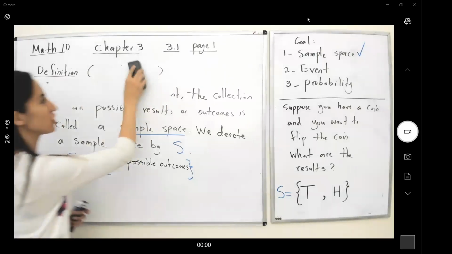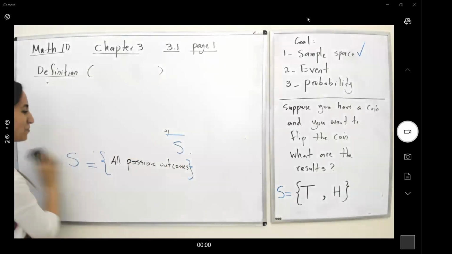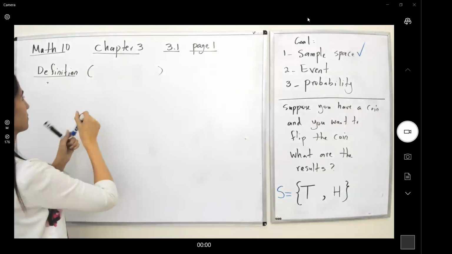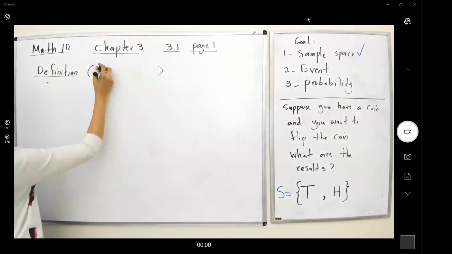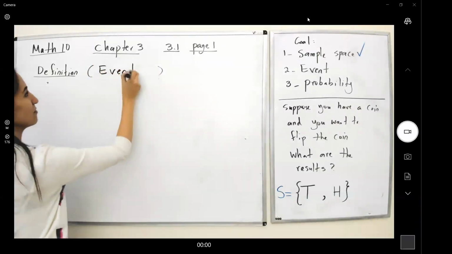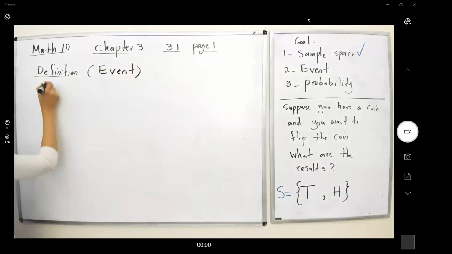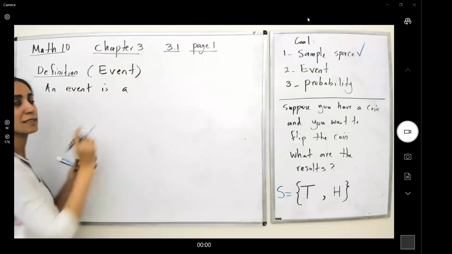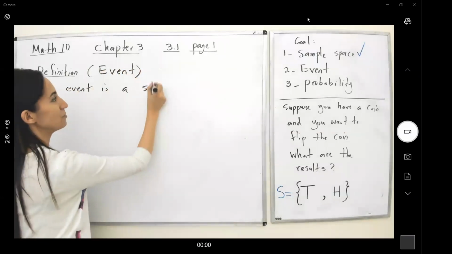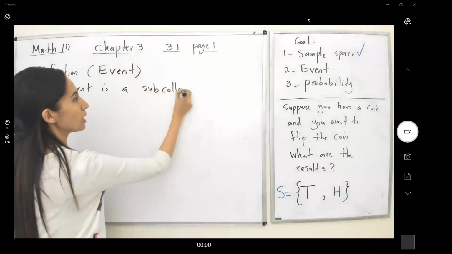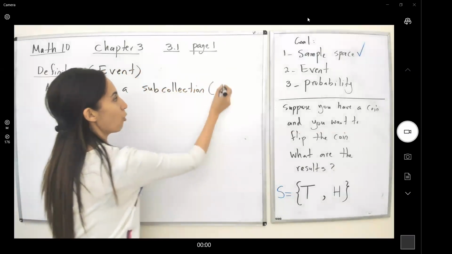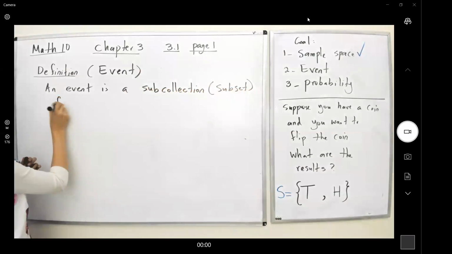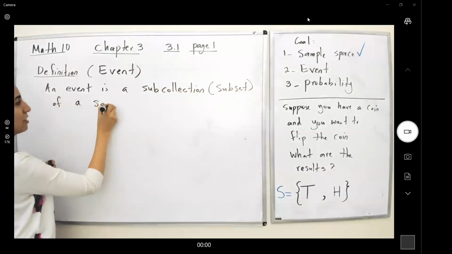So, definition of an event: an event is a sub-collection or subset of a sample space.